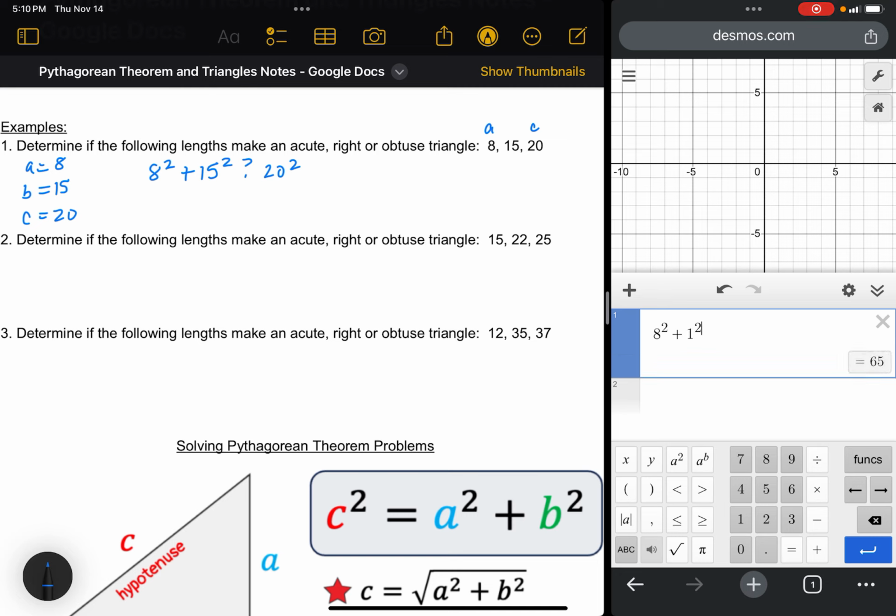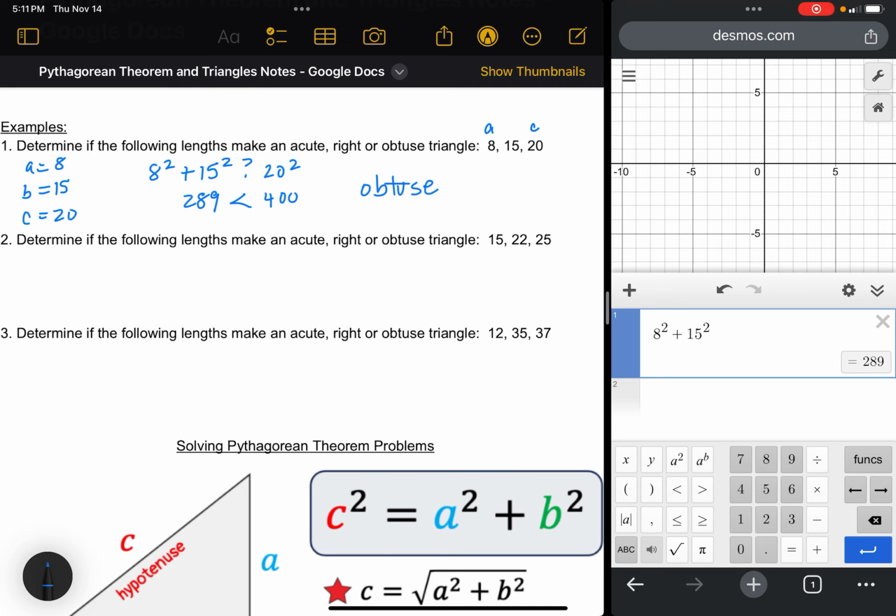Oops, that's a 1. Y'all, I'm just struggling. I'm ready to go home. 15 squared. So that's 289. 20 squared is 400. So 400 is greater, so I have an obtuse triangle.